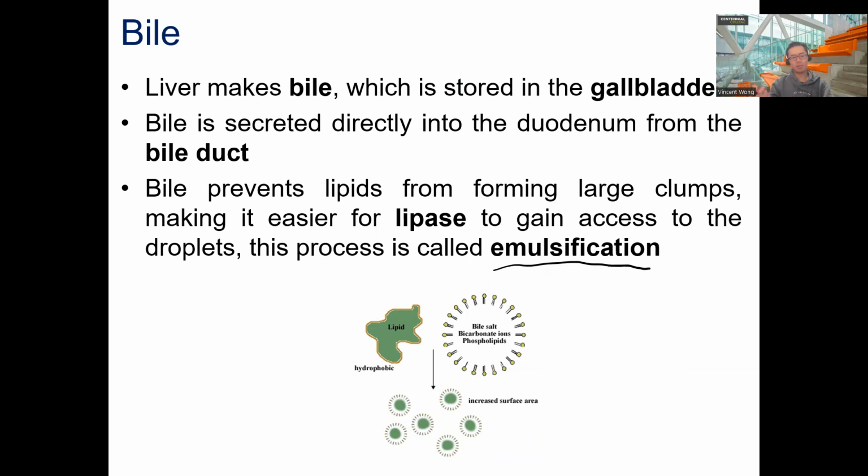This is not a chemical reaction. This is just physical digestion. Okay, it breaks a bigger clump into a smaller clump so that enzymes such as lipase will be able to gain access to it. Okay, so we have a big chunk of lipid here, and then the bile will make it into smaller droplets, and then the lipase will chemically break it down.